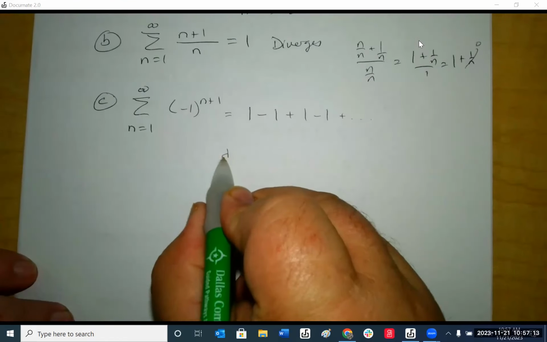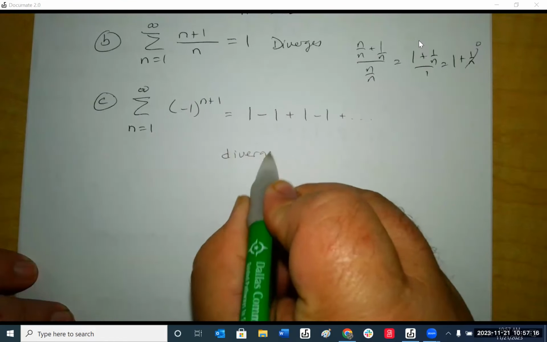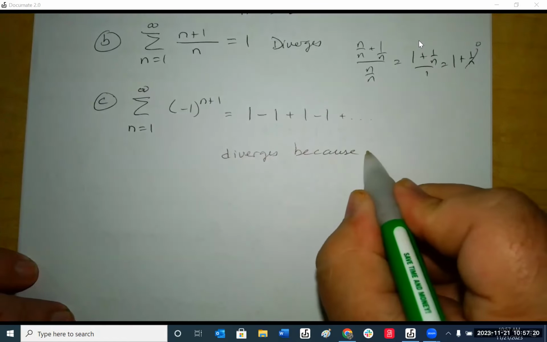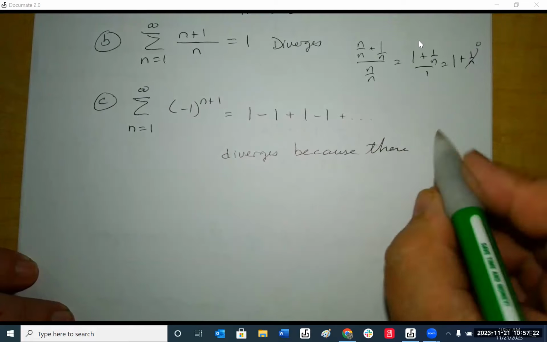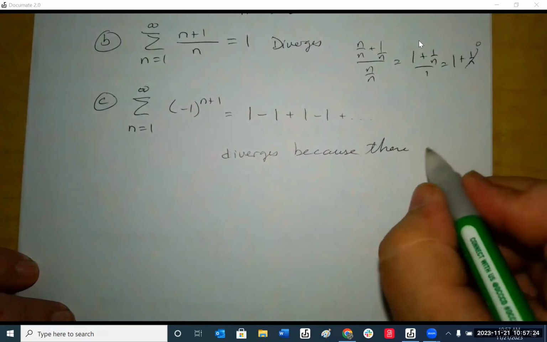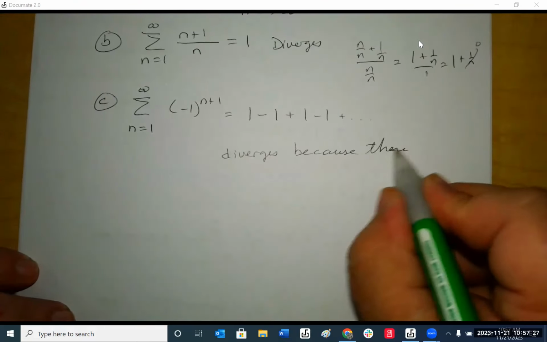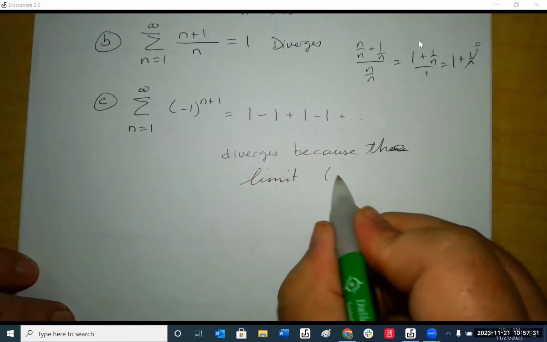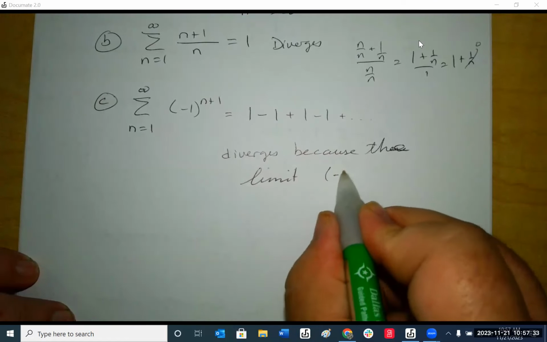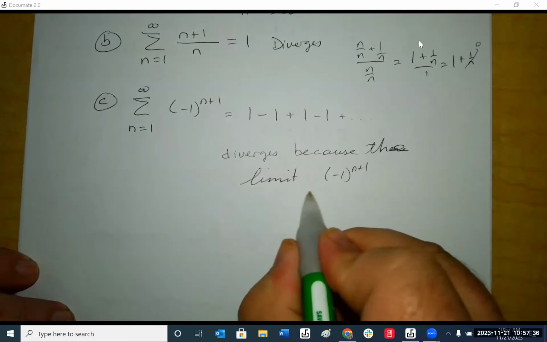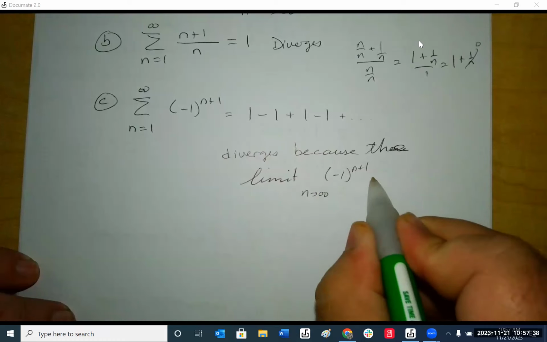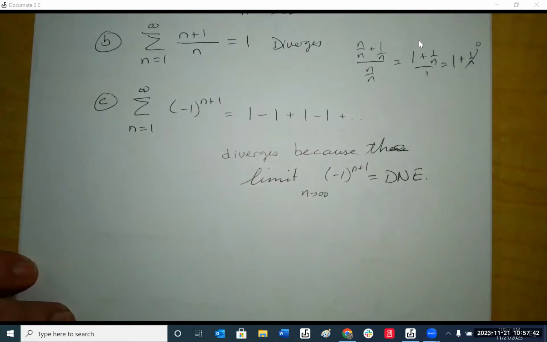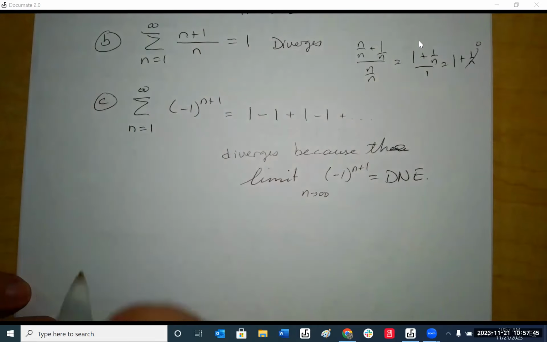This one diverges because the limit of negative 1 to the n plus 1 as n goes to infinity does not exist. It alternates, positive 1, negative 1.